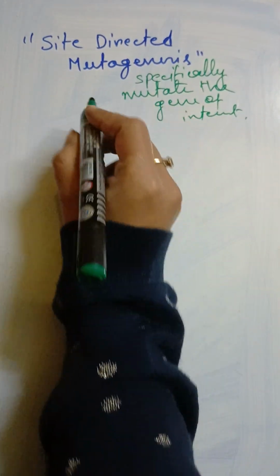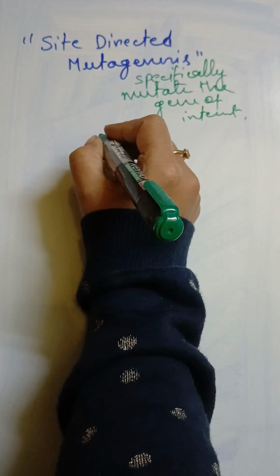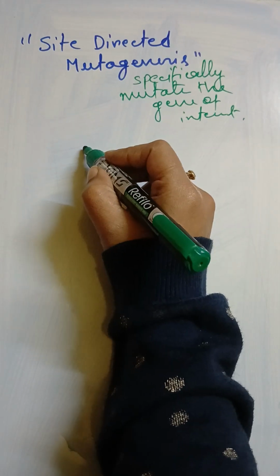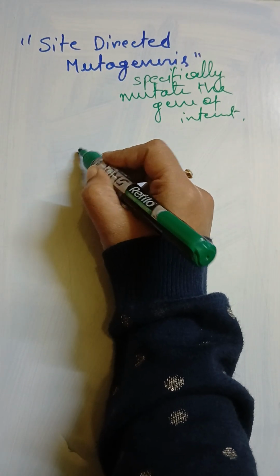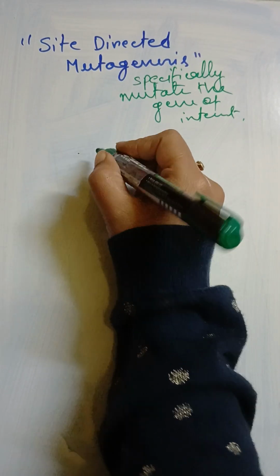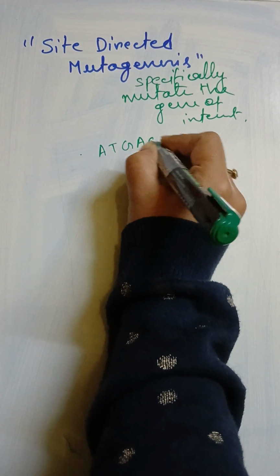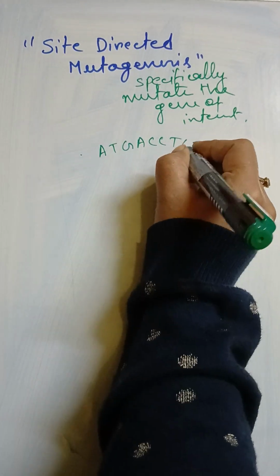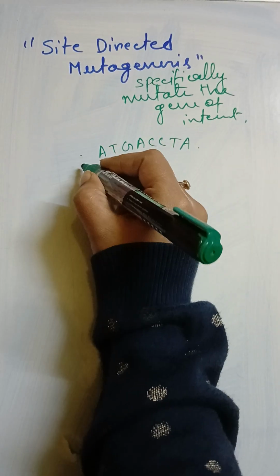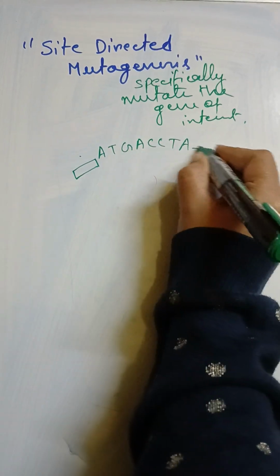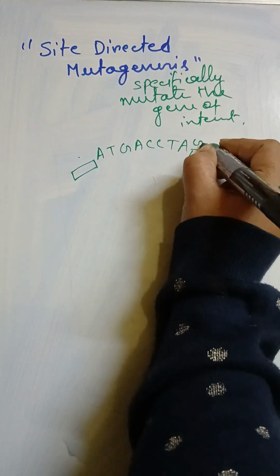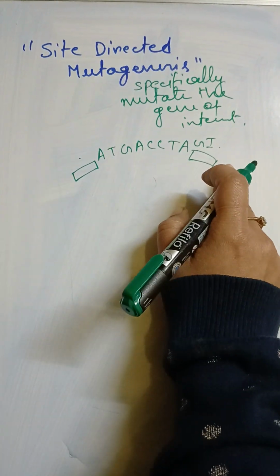First, it will start with, suppose you have the gene of interest. It looks like this, and that has a sequence. What is the sequence? A T G A C C T A. Okay, suppose this is the sequence of your gene of interest, starting from here to here.